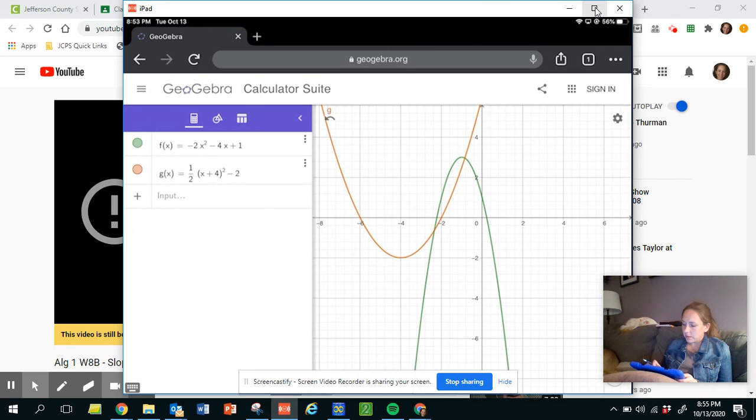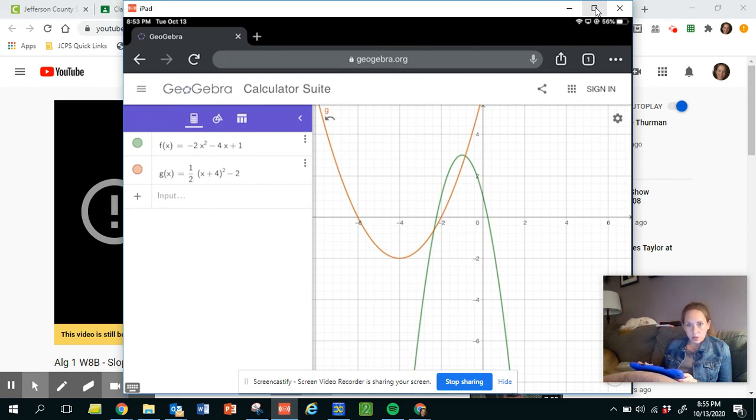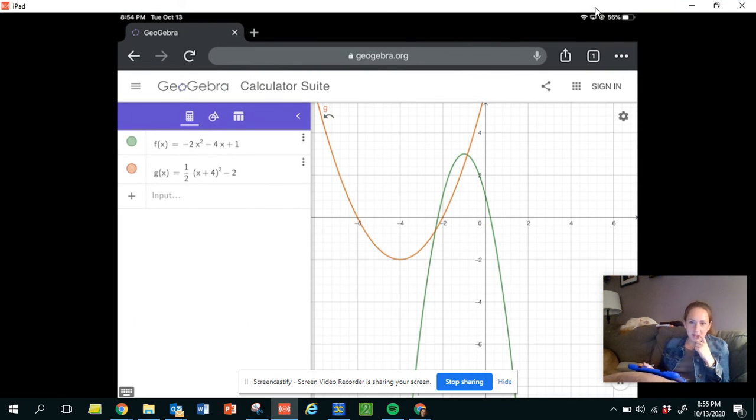Okay. So it's the orange one. That was way more complicated than it should have been. Sorry. We'll have a keyboard, so it shouldn't be too bad. But anyway, it's the orange one, and if you'll notice where x is -4, that's where it cuts in half, and it's at the point -4, -2.